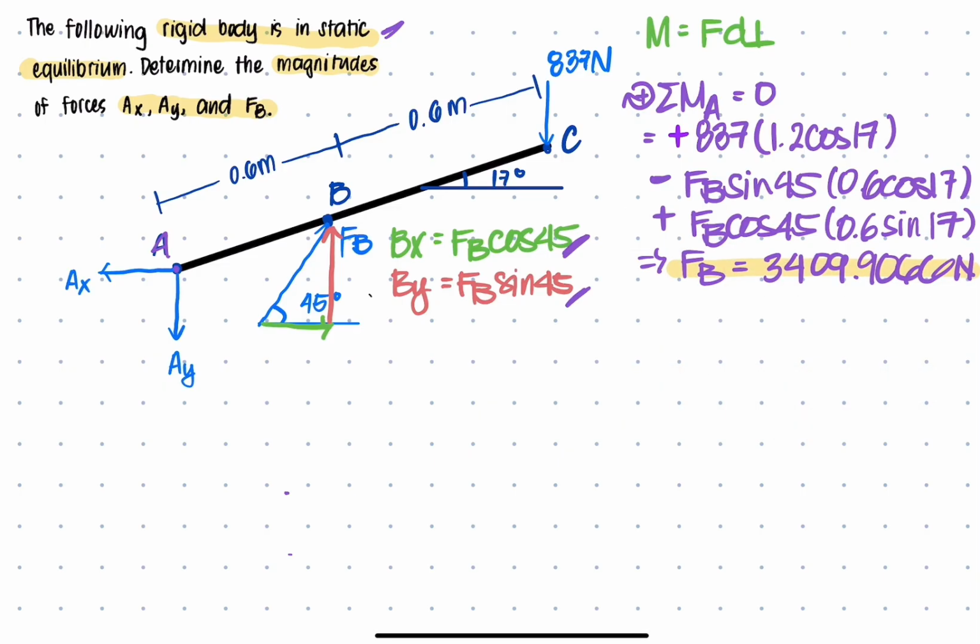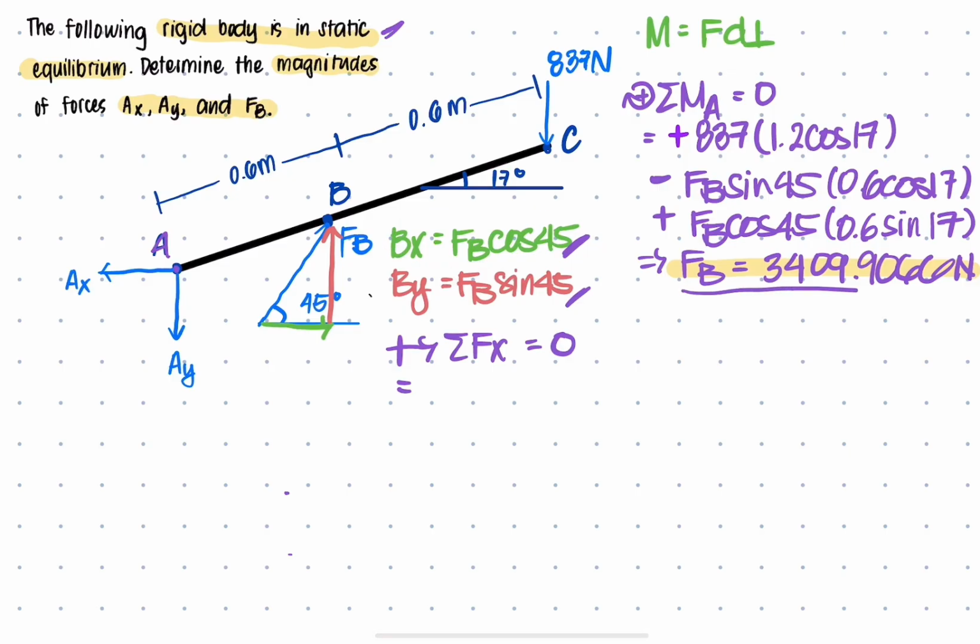Mag-sum naman tayo ng forces along X. Again guys, magsiset tayo ng convention. Forces going to the right are positive. Summation of forces along X is equal to 0 kasi we are in static equilibrium. And this is equal to, okay, ano yung forces natin along X? Well, ito, si FB cosine 45.